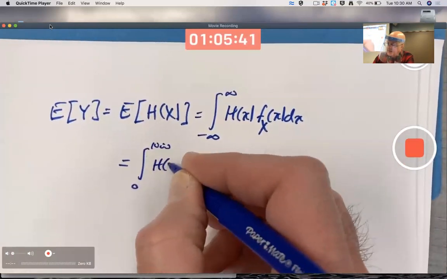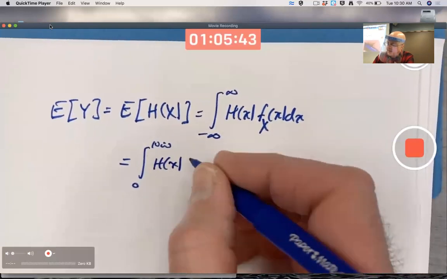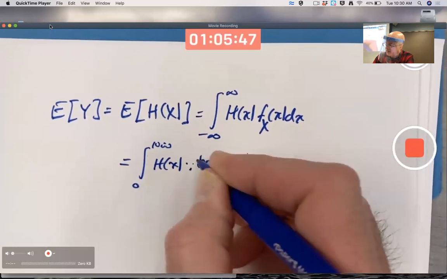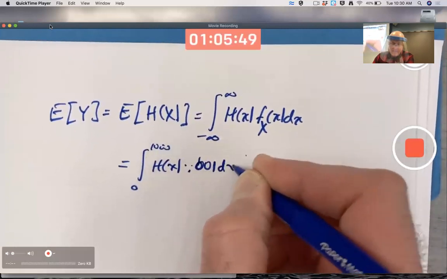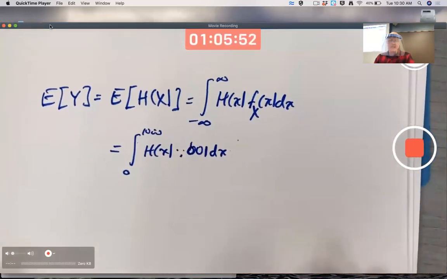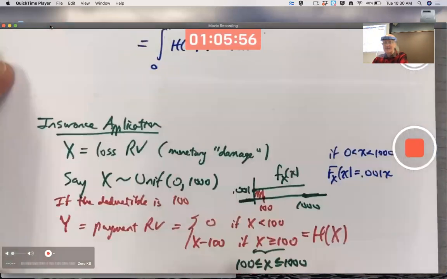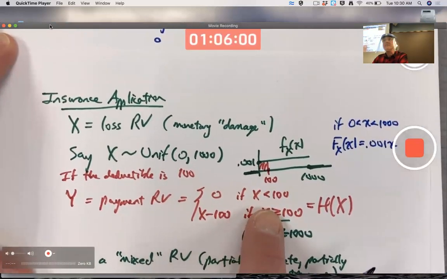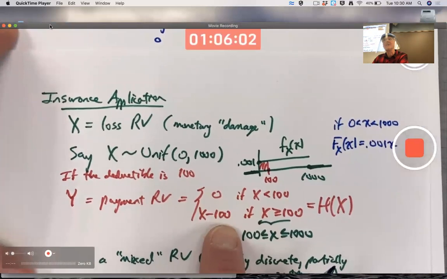I'm going to just write it as an h of x here still first. The f sub x is 1 over 1,000. That's the 0.001. But what is h of x again? H of x is this thing, which is 0 up to 100 before it becomes x minus 100.